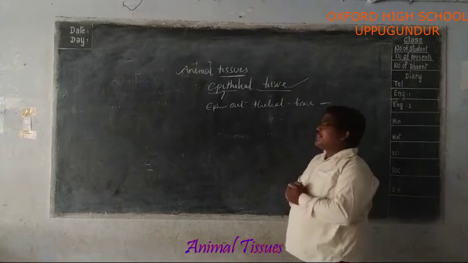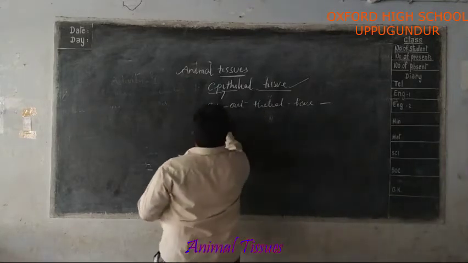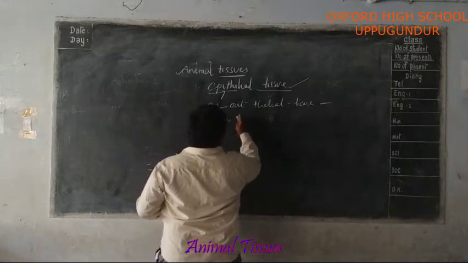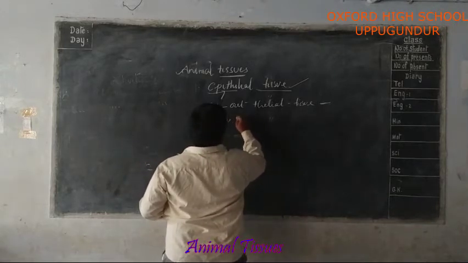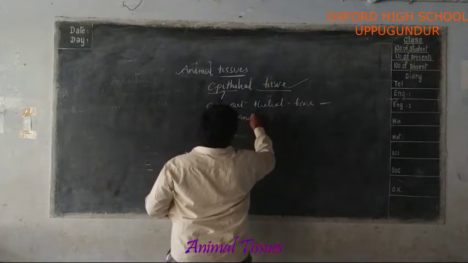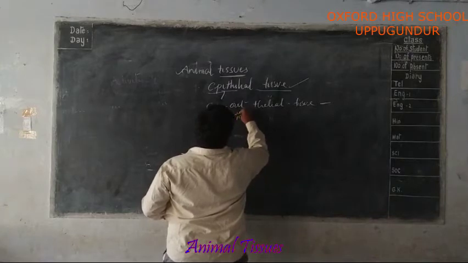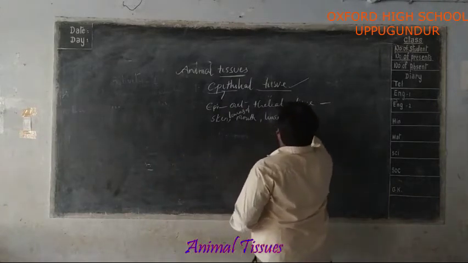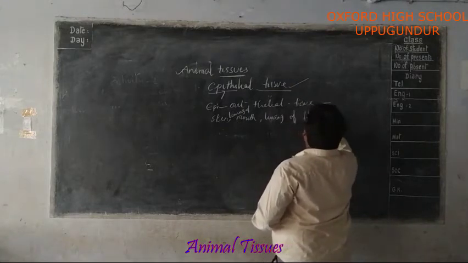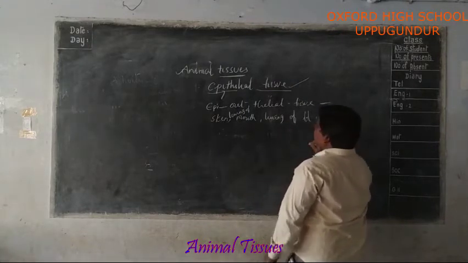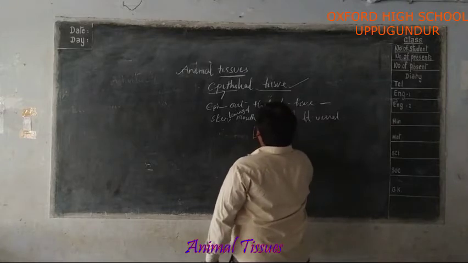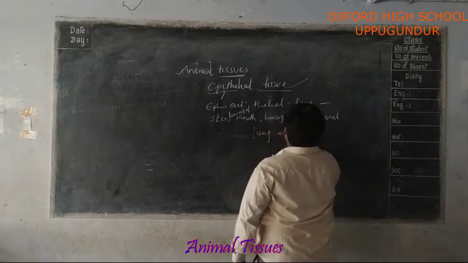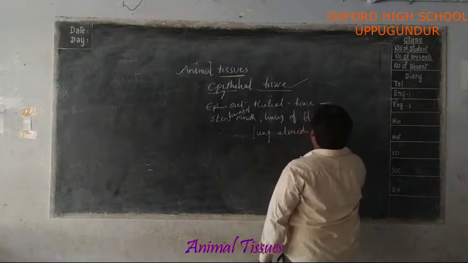So the epithelial tissue is present in the skin, mouth, that means lining of the mouth, lining of blood vessels, lung alveoli, and kidney tubules.